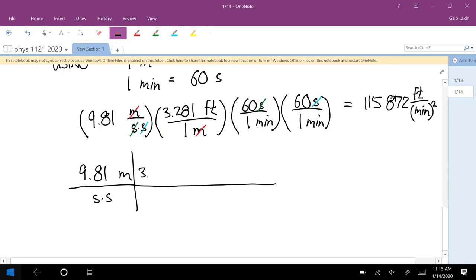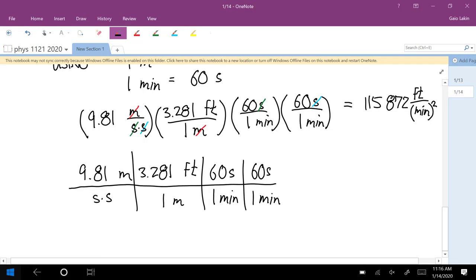So then it'll be 3.281 feet, 1 meter on the bottom line, 60 seconds over 1 minute, line, 60 seconds over 1 minute. The cancellations all work out the same. To me it's a little easier to visualize, but it comes out the same.